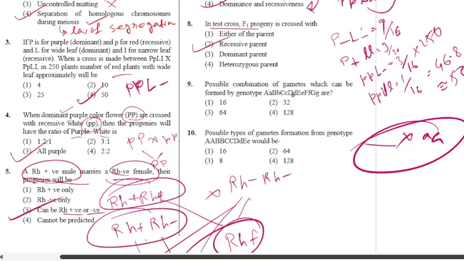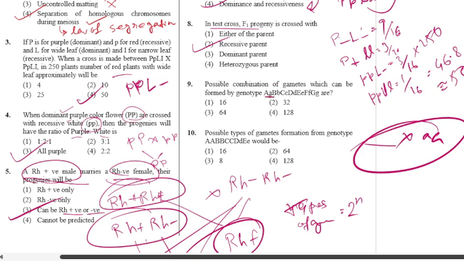Next, what is the possible combination of gametes which can be formed from this? Okay, so we know the number of types of gamete. There is a formula for this, that is 2 to the power n, and n is the number of heterozygous pairs. So let's count the heterozygous.